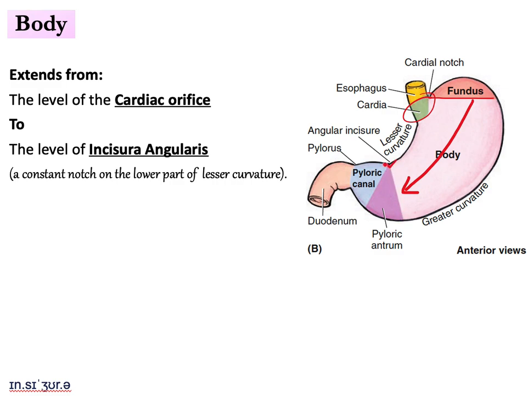Look at this angle, we call it the angular incisura, or you can say angular incisura, with British or American pronunciation. So this is the angular incisura, in the lower part of the lesser curvature, right, which is constant there.